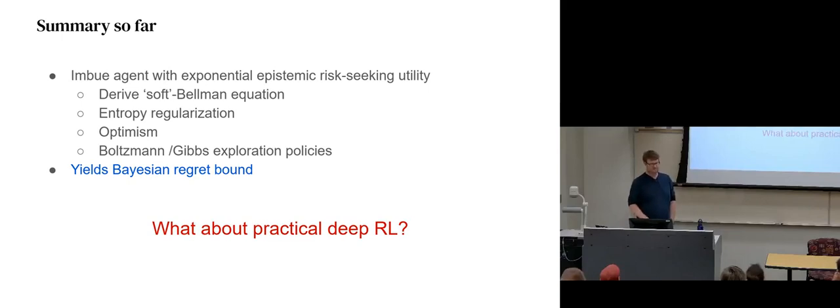Okay, how does this relate to practical deep RL? That was just trying to get what people do in practice onto some kind of principled grounding. And now we want to figure out a way to take the algorithms that people run in practice and modify them a little bit to be closer to this.